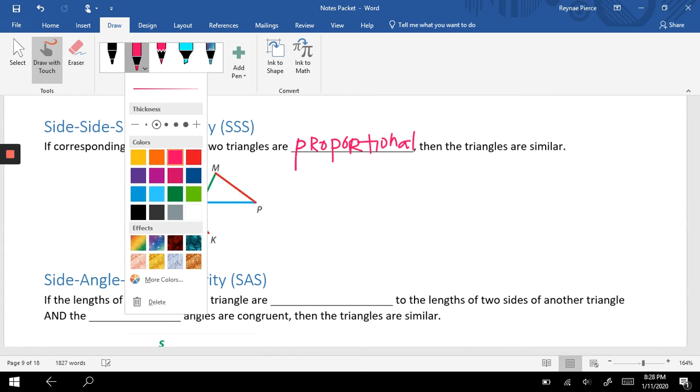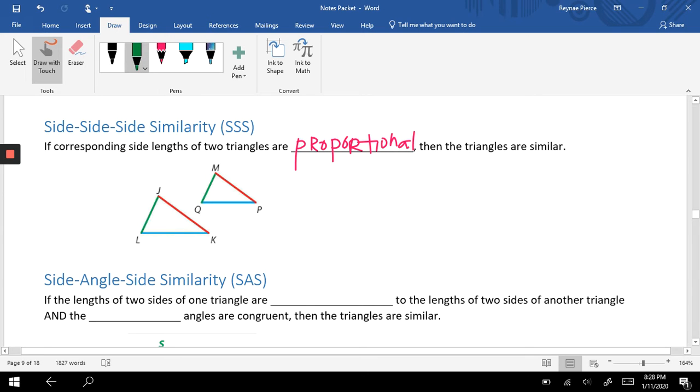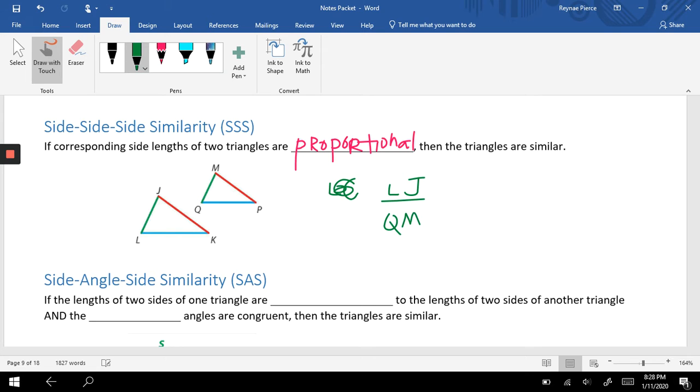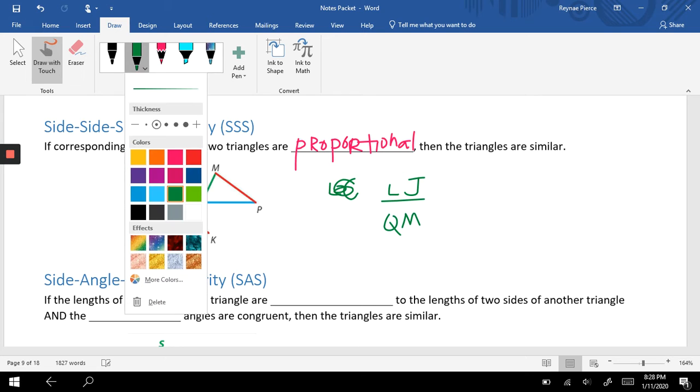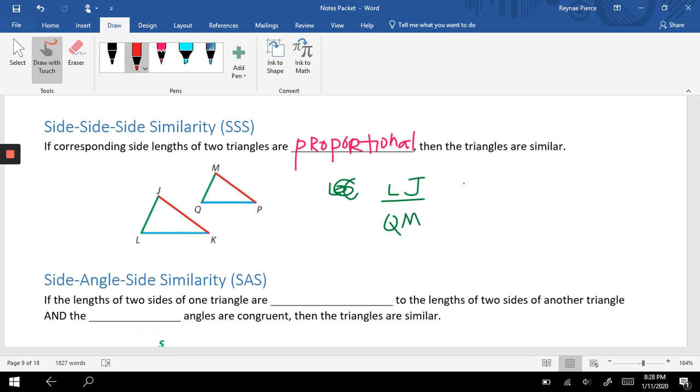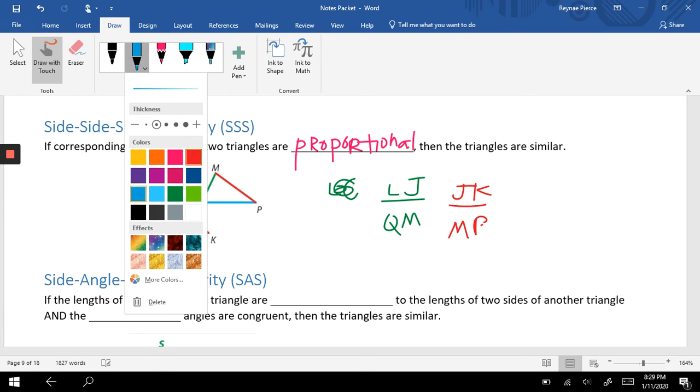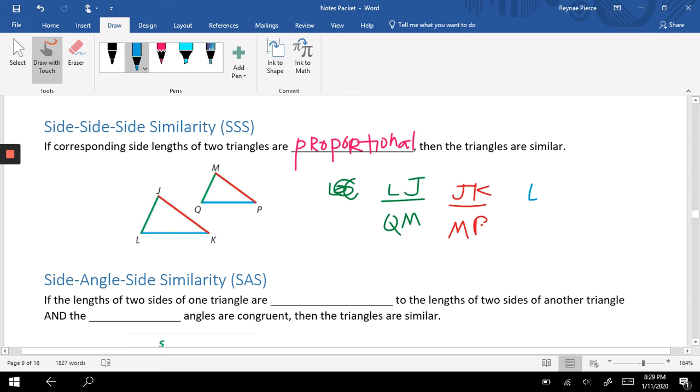Okay, so when we match up those corresponding sides, for instance, LJ and QM, then we've got JK and MP, and last but not least, we've got LK and QP.